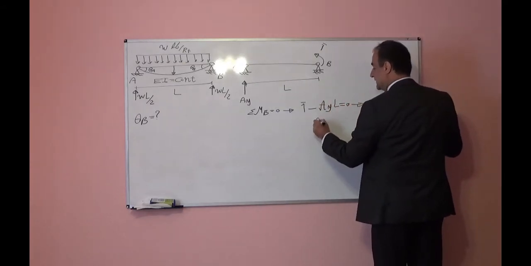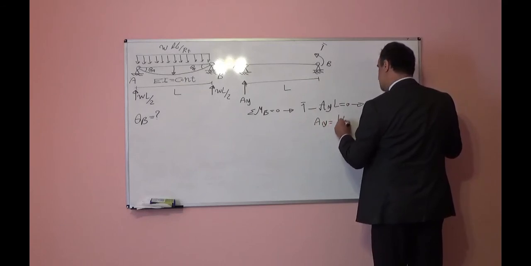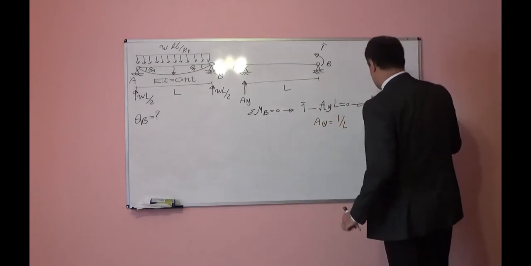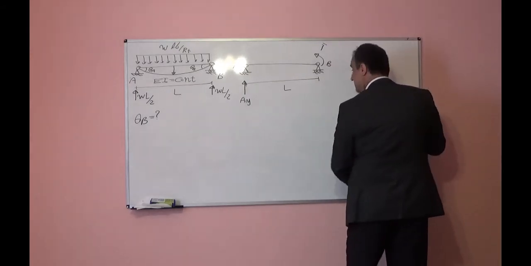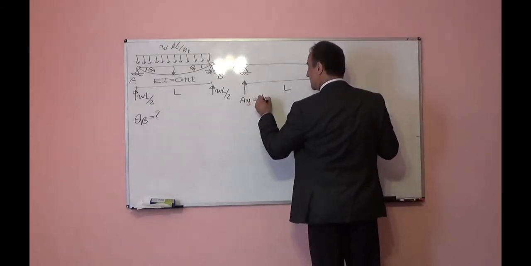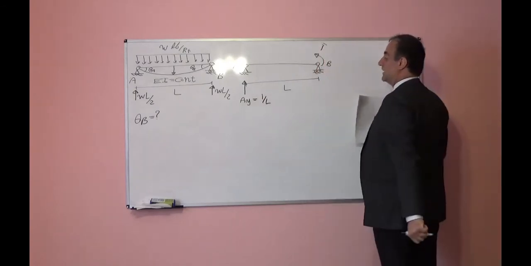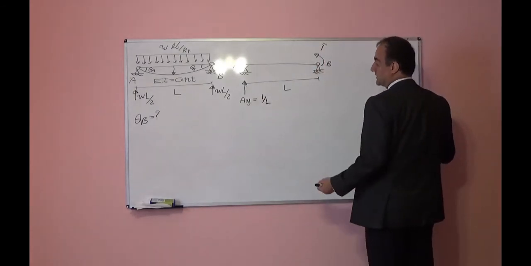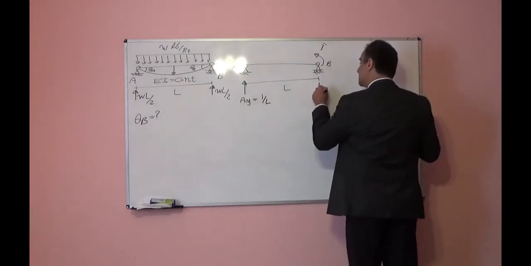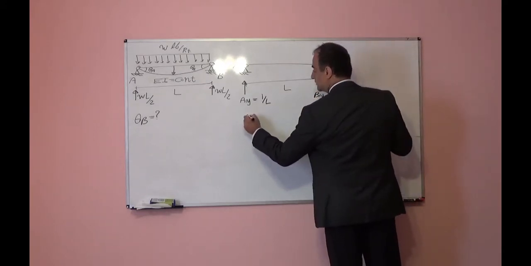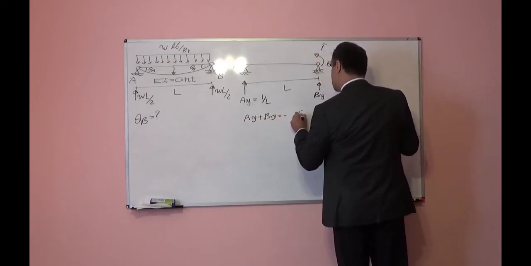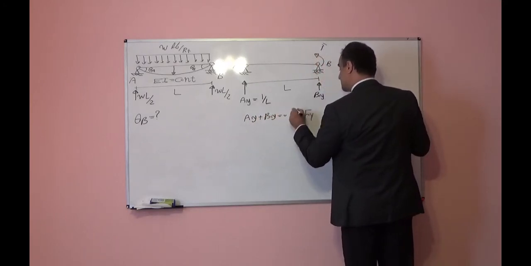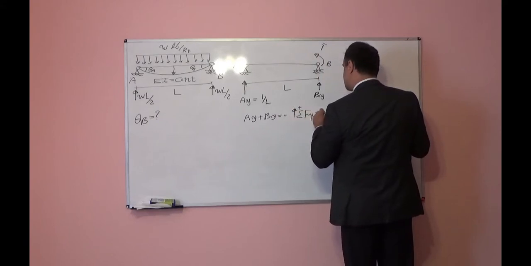From here, AY will be equal to 1 over L. If I write the summation of forces in the vertical direction, AY plus BY should be equal to 0.